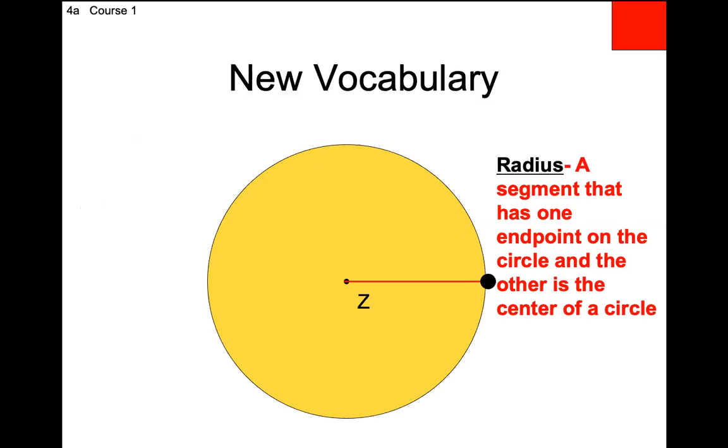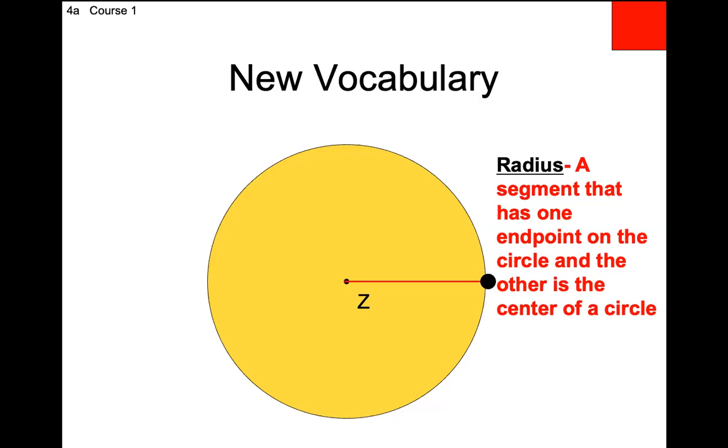So it basically measures half of a diameter. Okay? 2 radii would make 1 diameter. If you go from the center to a point, that would be half of a diameter.